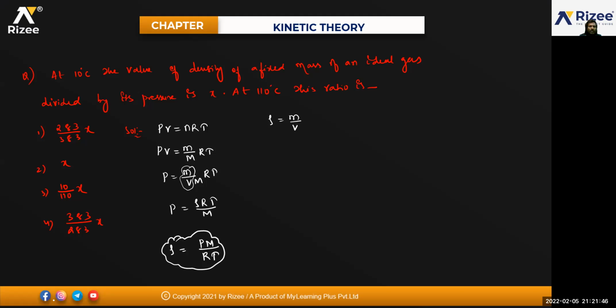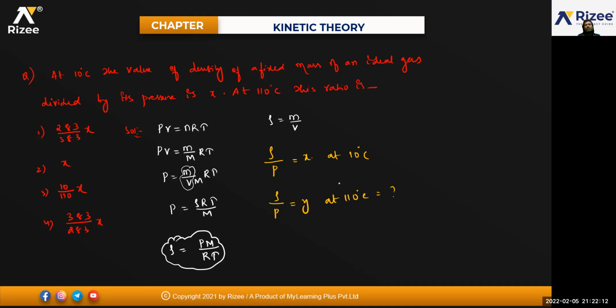The problem is telling the ratio of what, beta? At 10 degrees centigrade, the value of density of an ideal gas divided by its pressure is equals to x. Then density by pressure is equals to, say for example, y at 110 degrees centigrade.